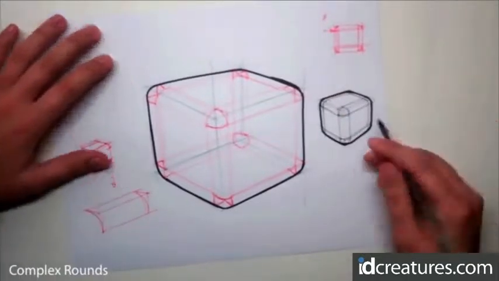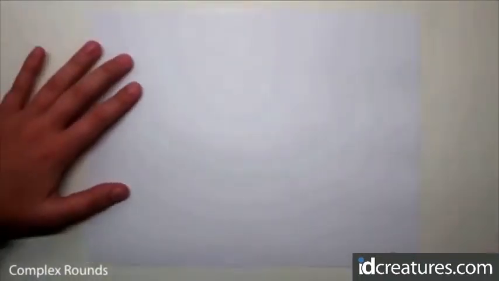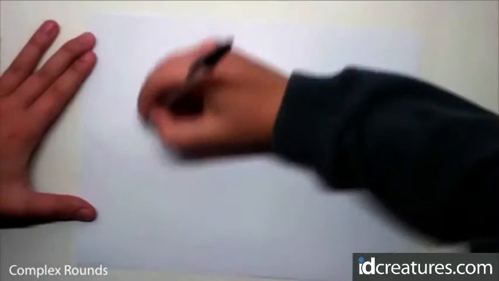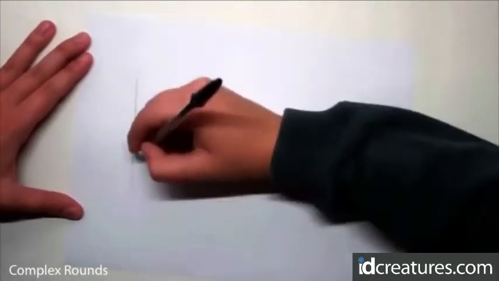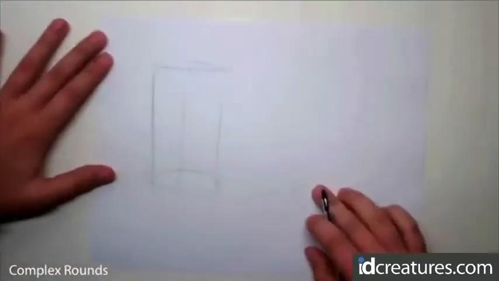So this is how you do the cube, and I'm going to do the cylinder and the cone now. It's a lot simpler, but I'm still gonna do it. Okay, so this is the cylinder. I think it's a bit crooked, but it's fine.